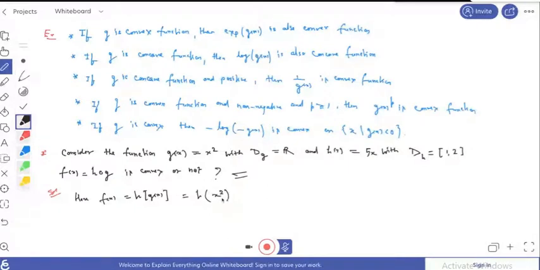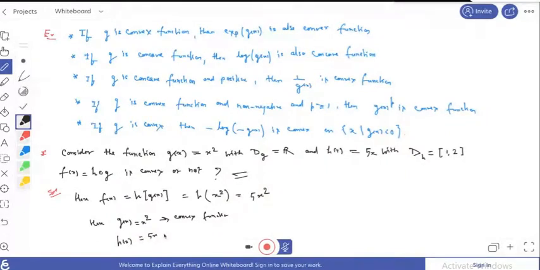So h of x square equals 5 of x square. Here gx equals simply x square, so this is your convex function. And here hx is 5x.